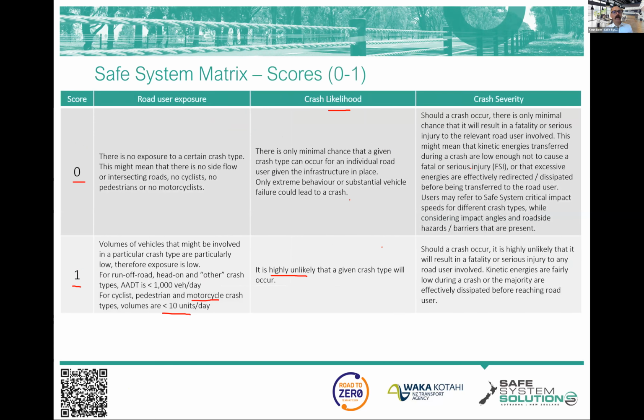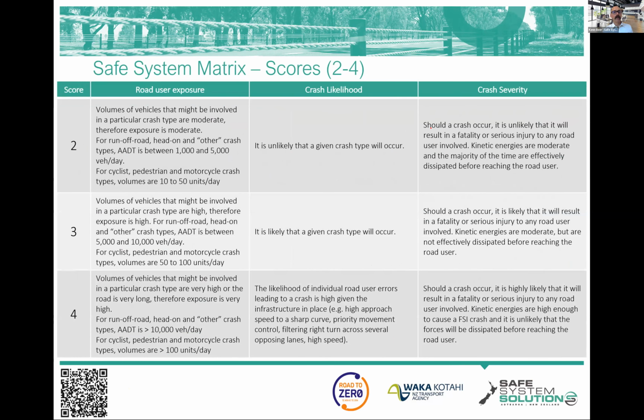And then this is where you go to the crash severity part of the scoring reference sheet. Let's take a 2, for example. Should a crash occur, it is unlikely that it will result in fatality or serious injury to any road user involved. Kinetic energies are moderate, and the majority of the time are effectively dissipated before reaching the road user.